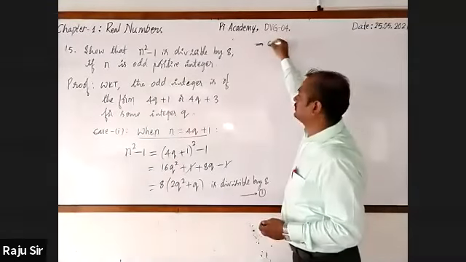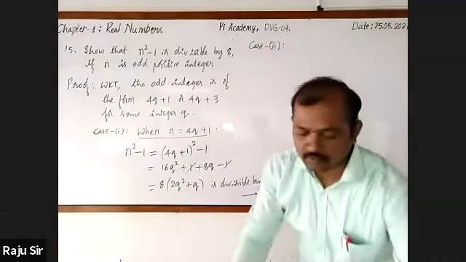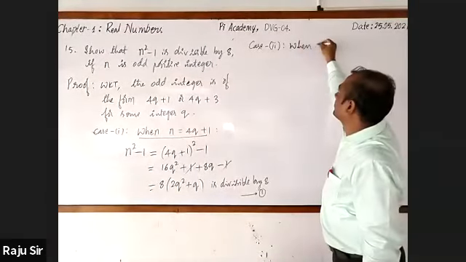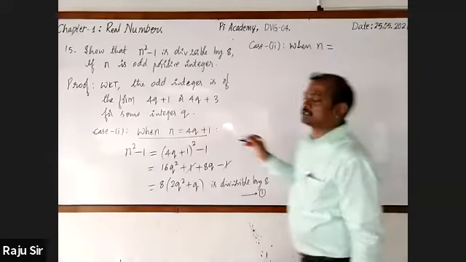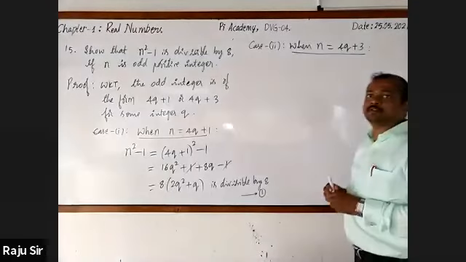Now you write case 2. In case 2, what should be taken? 4q plus 3. When n equals 4q plus 3.